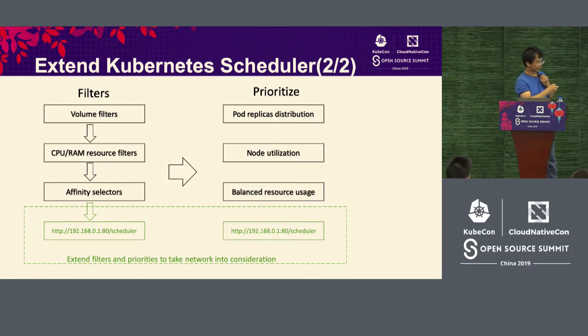From this slide, you can see that there is a chain of filters. Step by step, you can exclude the unnecessary nodes. And I had just introduced three default filters. If you want to extend Kubernetes, then it will schedule the external filter to continue filtering.